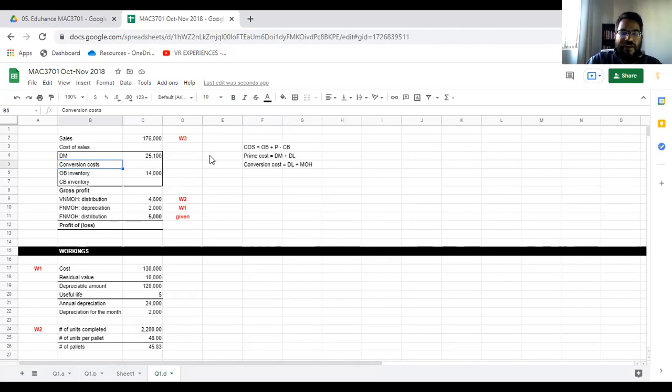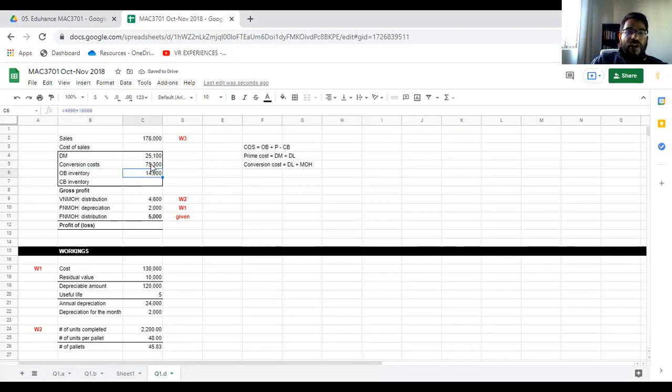In this scenario, direct material was given, but they never gave direct labor and manufacturing overheads as separate line items. They gave it as one line item called conversion costs. Okay, so just take note of that. So our conversion cost is 75,300.